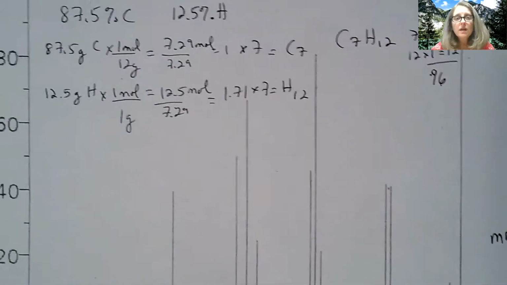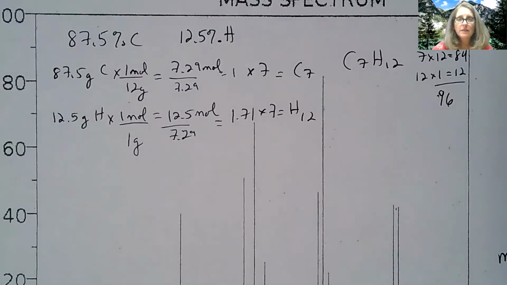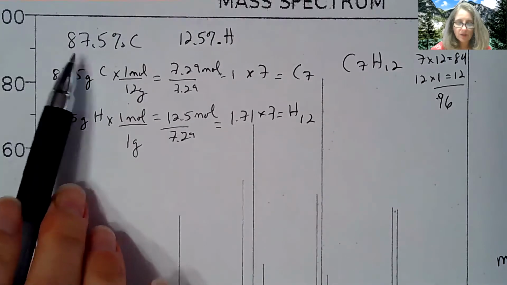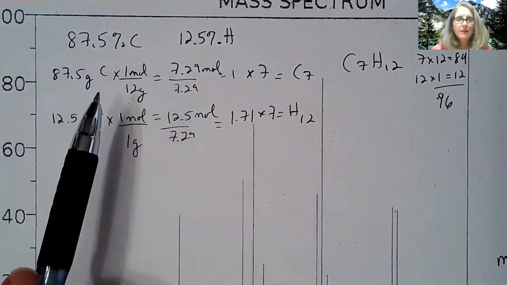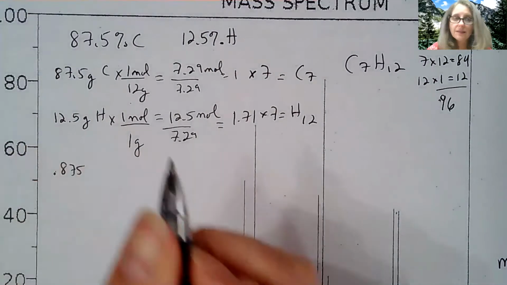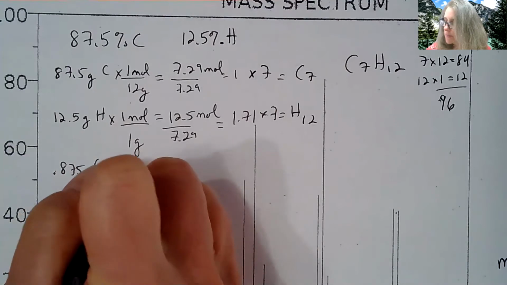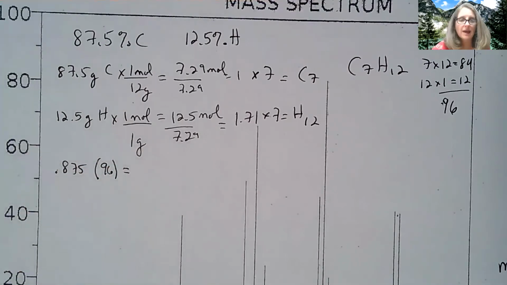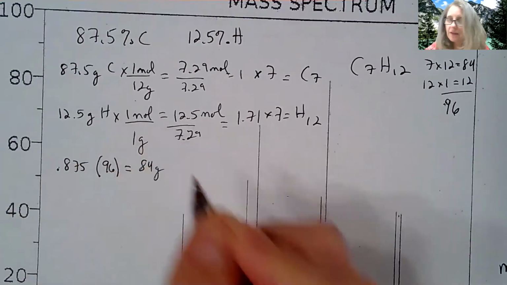Now, another way you could do the problem, and this is again a personal preference, is to take the percentages and figure out how many atoms you have. For example, if I take 0.875, the decimal, and multiply it by the 96, that tells me how much of the mass is due to carbon. It comes out to be about 84.